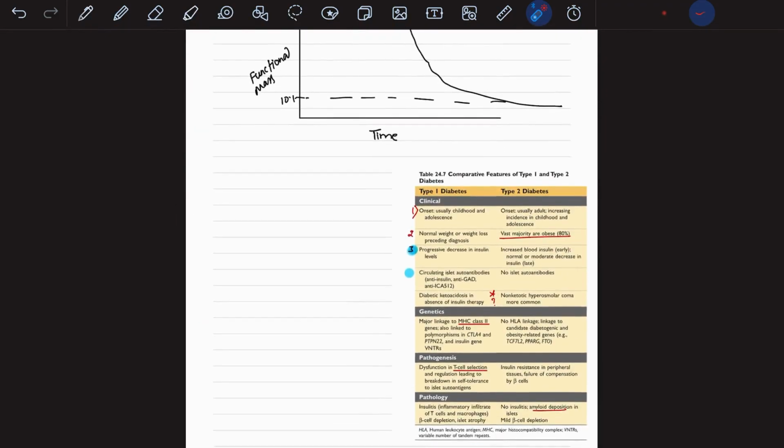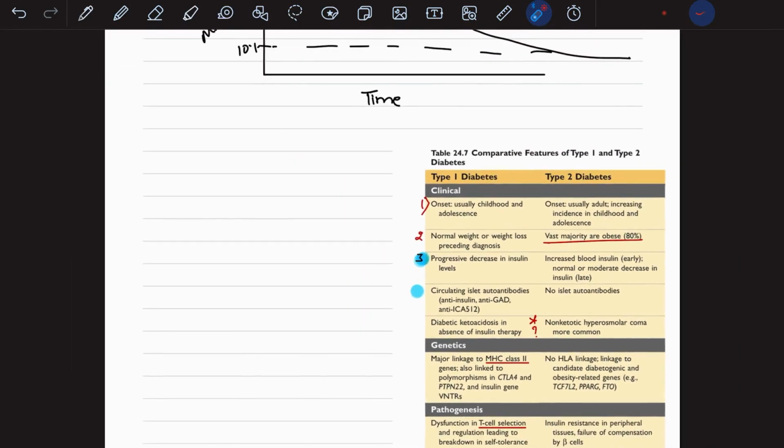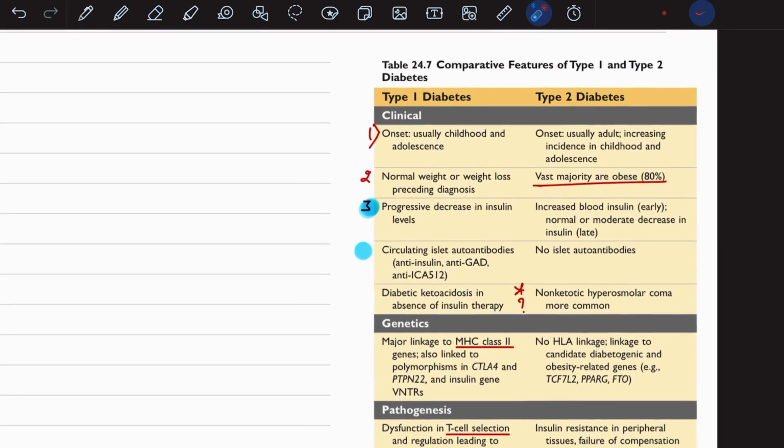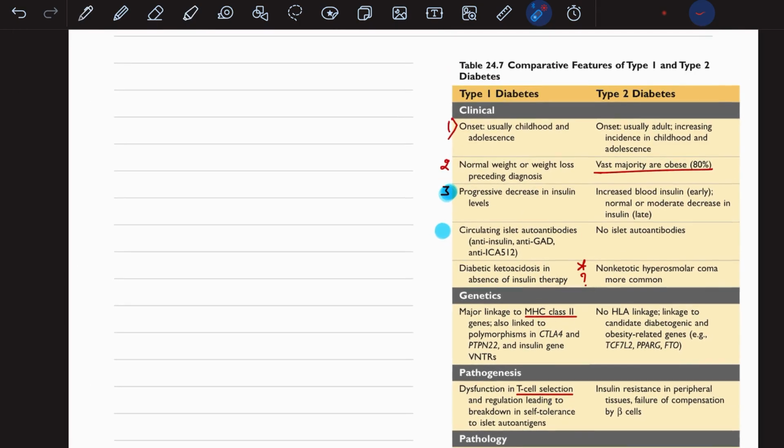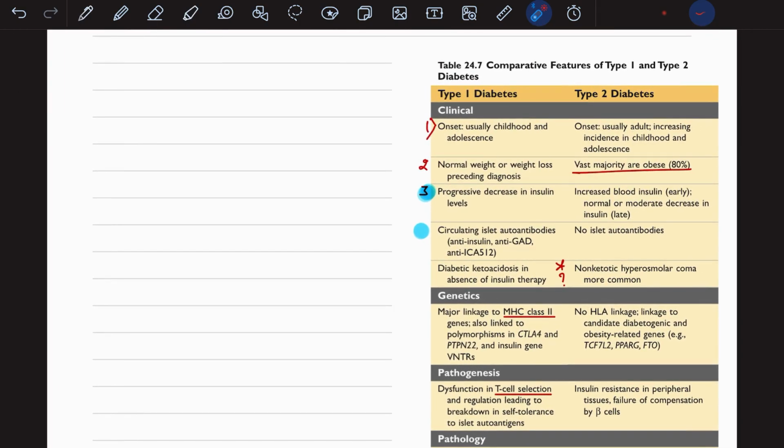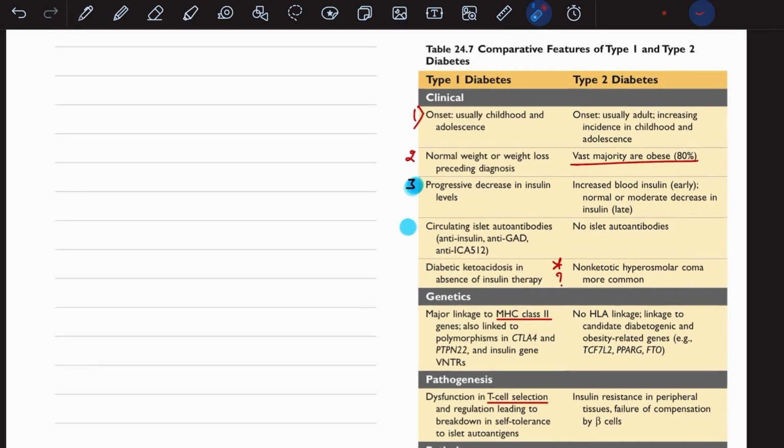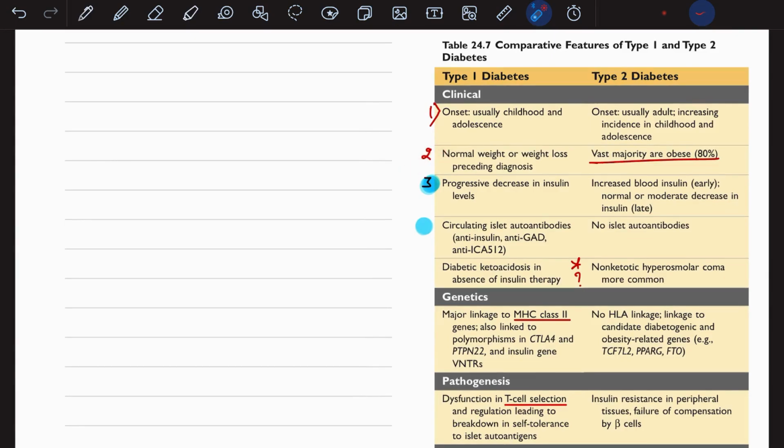Now at last let's compare some points with type 2 diabetes, and then we'll move to the pathogenesis of type 2 diabetes. Clinically, type 1 diabetes majorly occurs in childhood, but it can also occur in later stages of life, and more generally in adults.